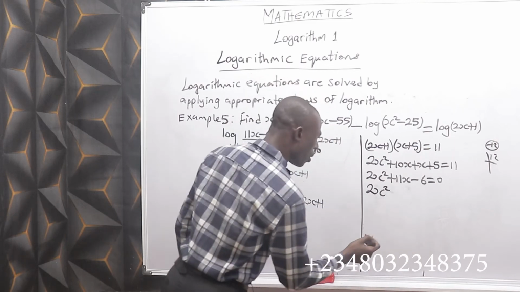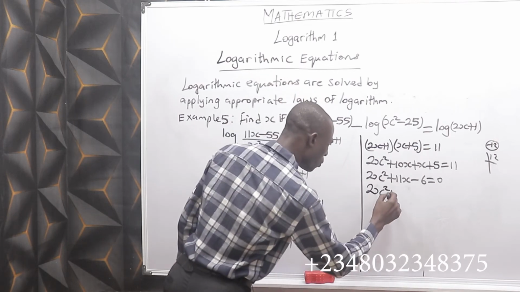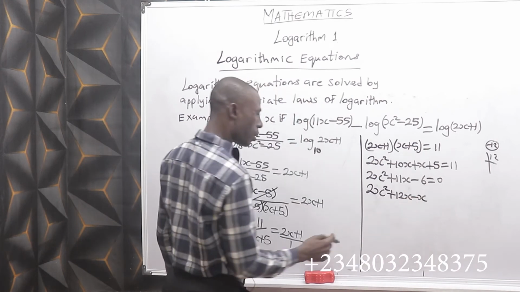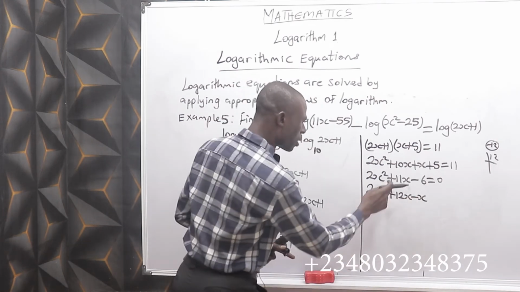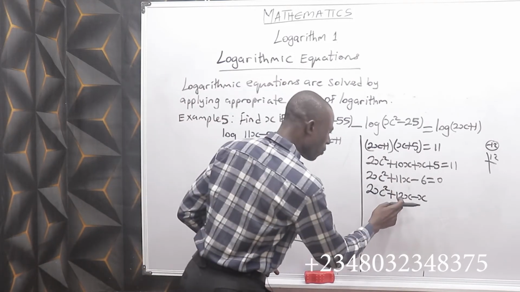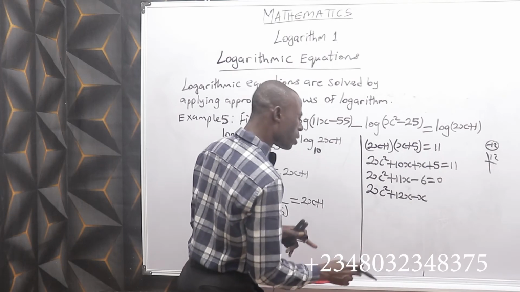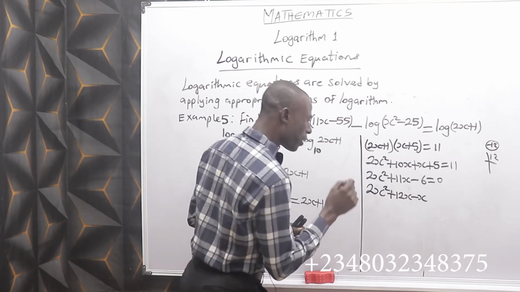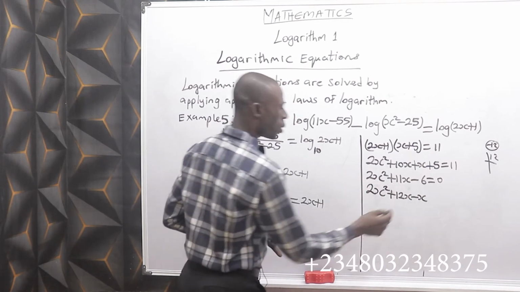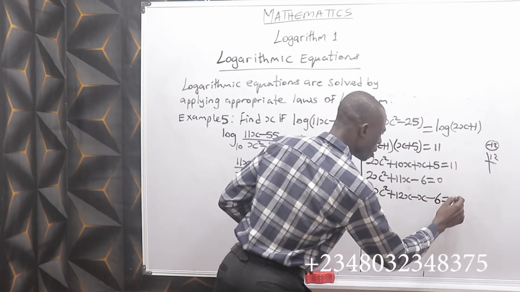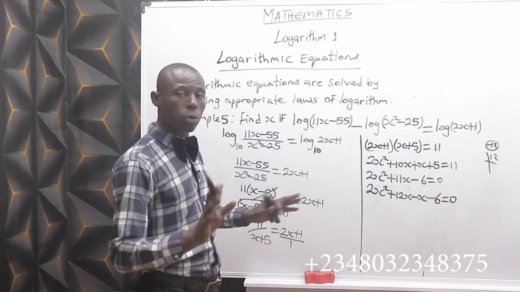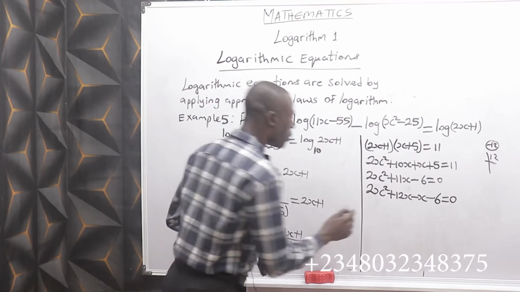Yes, 12 and 1 will work. We have plus 12x minus x. Plus 12x minus x will give us plus 11x. Meanwhile, plus 12x times minus x will give us negative 12x squared, which is the product of the first and last term. Minus 6. I'm just referring to that. I'm not reteaching that. I have taught you quadratic equation before now.